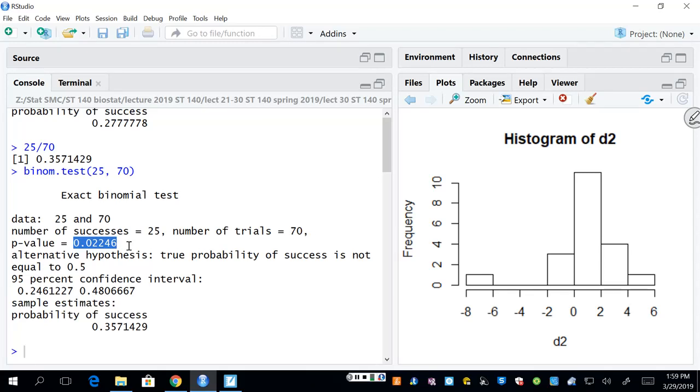So that's not as extreme away from 50-50, but it's a bigger sample size. So it is significant. You test 70 people and you get something imbalanced like this, 36% favor A, 63%, 64% favor B. That looks like it's not 50-50.